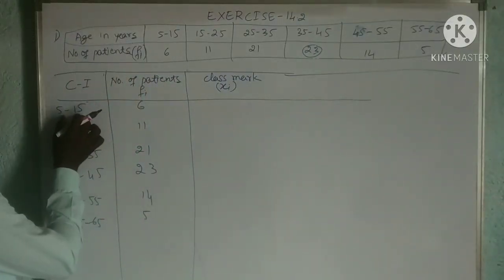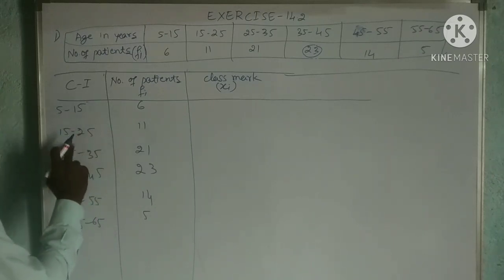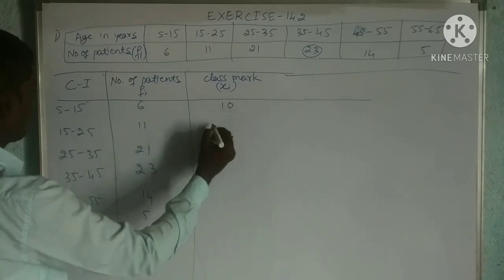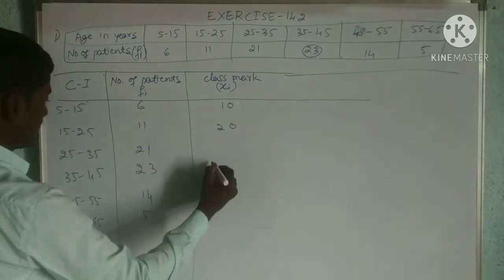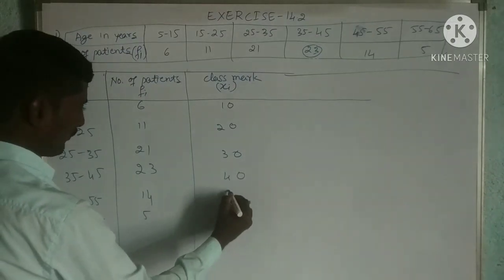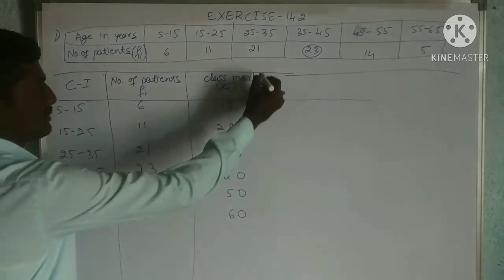Upper limit plus lower limit divided by 2. Each difference is 10, so I can add 5 to the lower limit and I will get the same. So the class marks here are 10, 20, 30, 40, 50, 60.